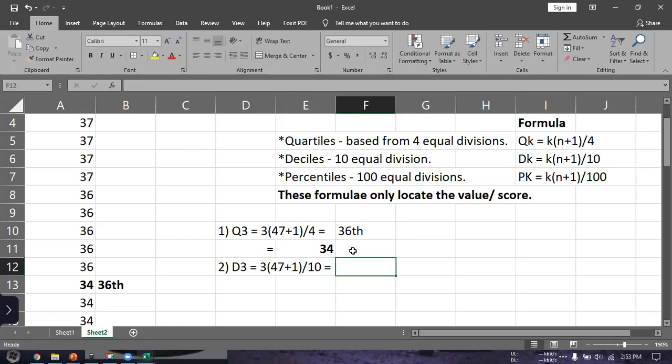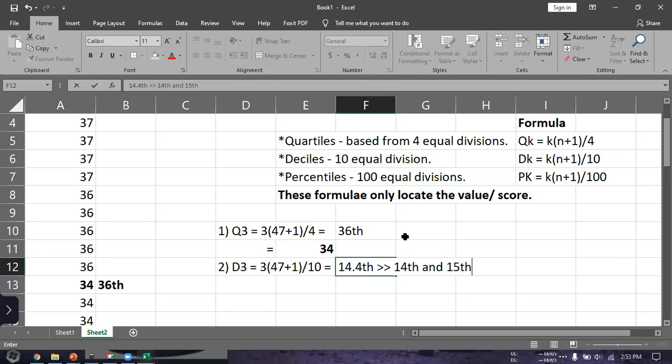What is the location? 14.4. Okay, 14.4. So if there is a point something, we have to consider the two consecutive items or scores. We'll need to consider the 14th and the 15th.